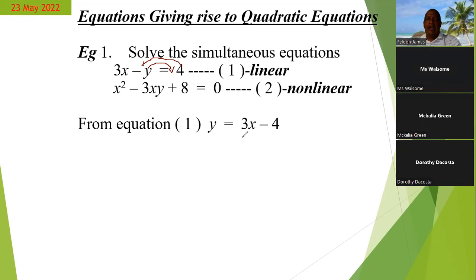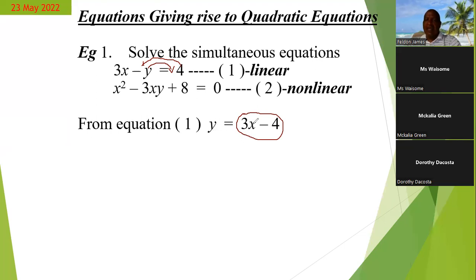All right. Now, you remember when we were doing functions and composite functions, and we were putting the entire function into the other function? It's the same thing that we're doing. So we are making y the subject.